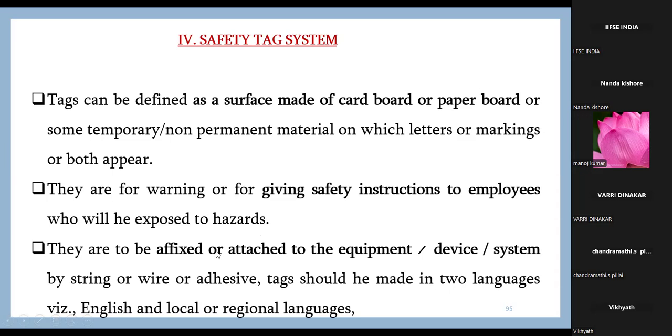It can be affixed or attached to the equipment, device or system either by using a string, wire, or adhesive, and the tag has to be made in two languages. One is English, that is compulsory, and the second can be your local or regional language, whichever is applicable.